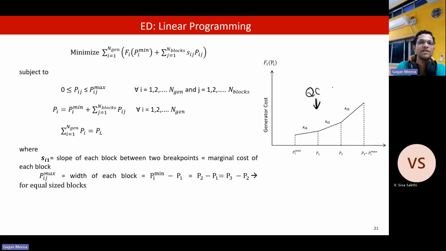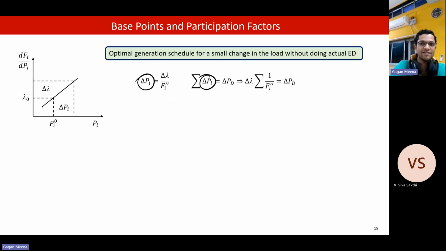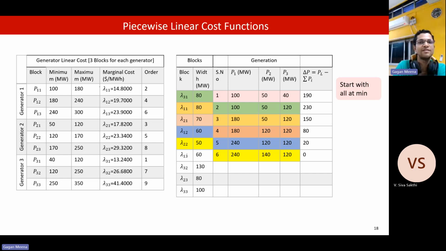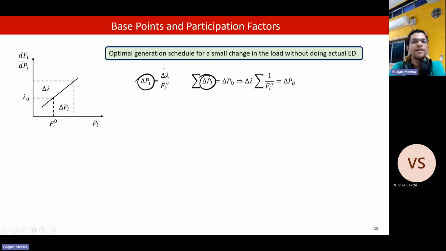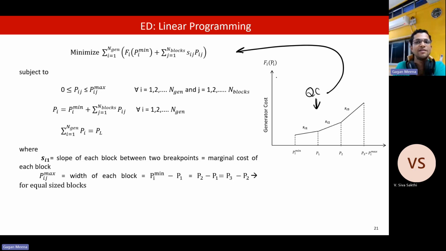We want to use it to do economic dispatch. We have already done that manually, by hand calculation. But if we want to write a program for an optimization solver, in that case we can formulate it in this way.